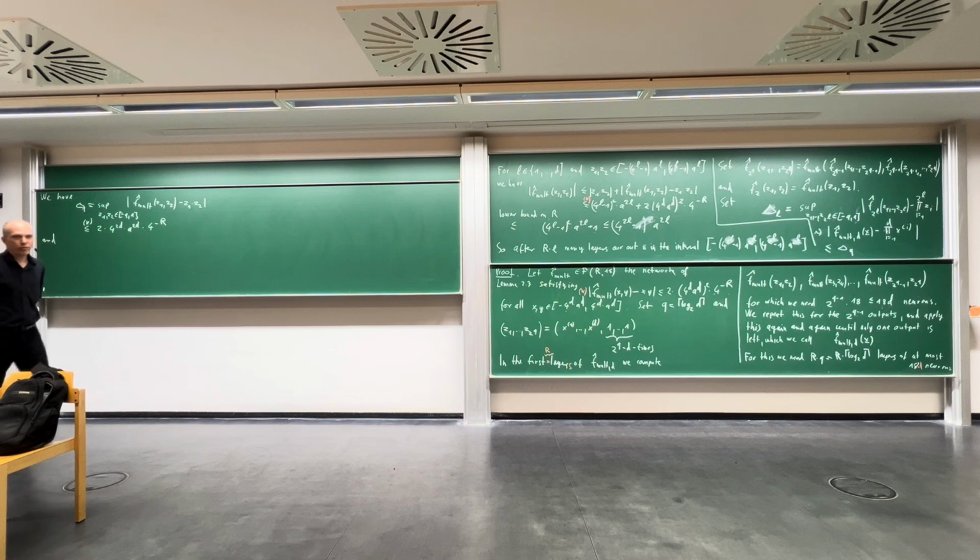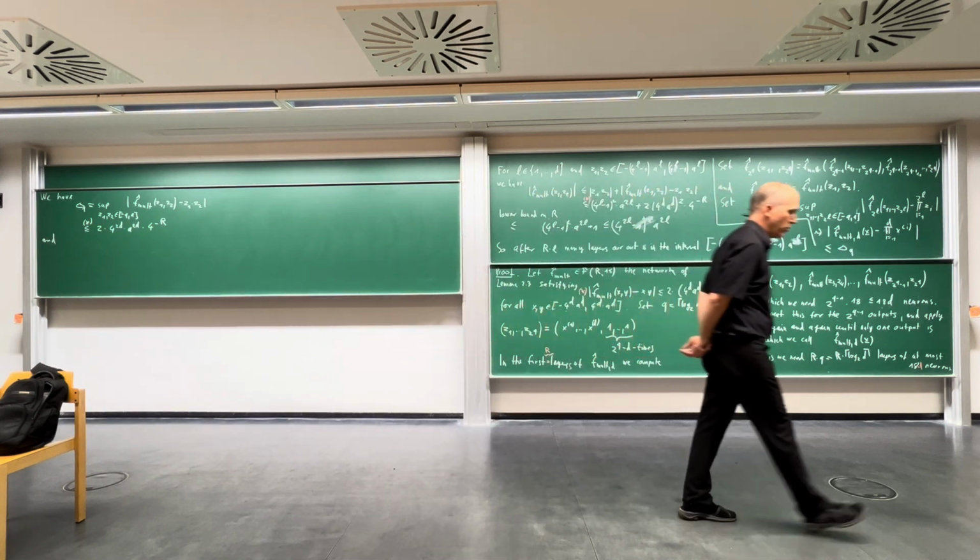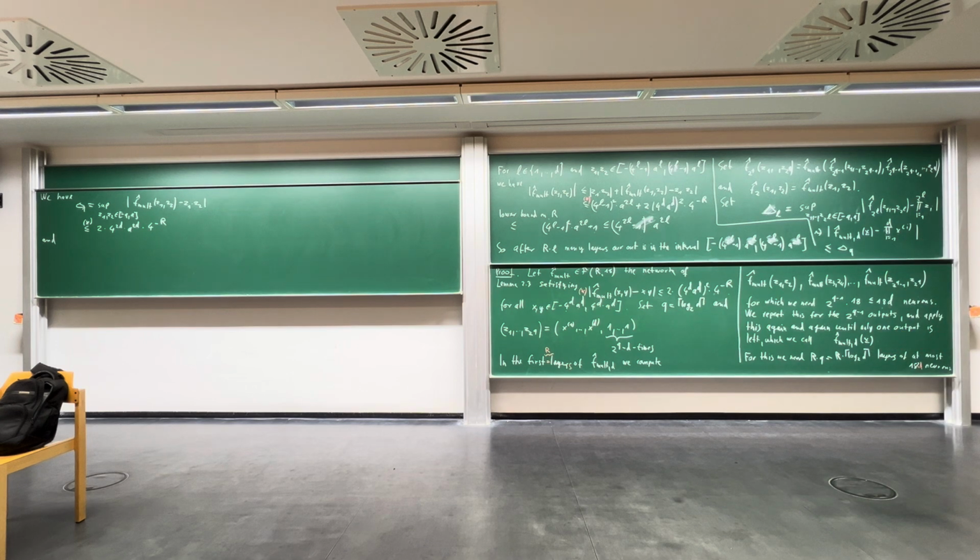And now I make a recursive bound. So I relate delta L to delta L minus 1, or I make it directly with delta Q. Or maybe make it with delta L, makes more sense.